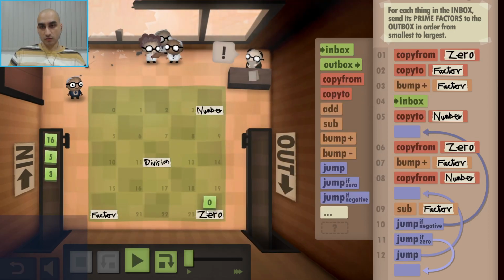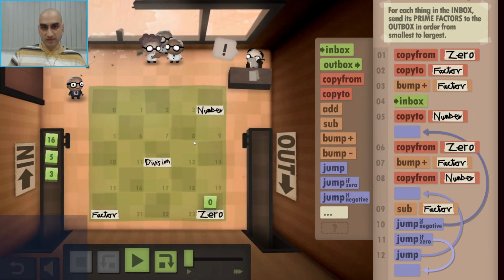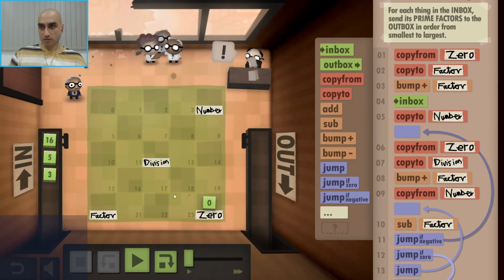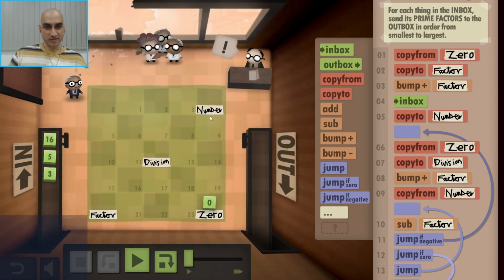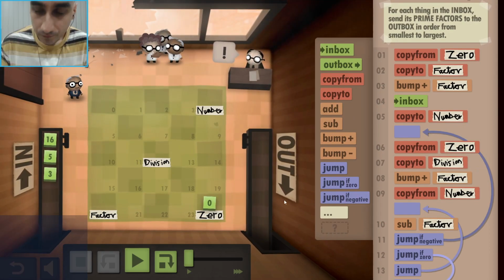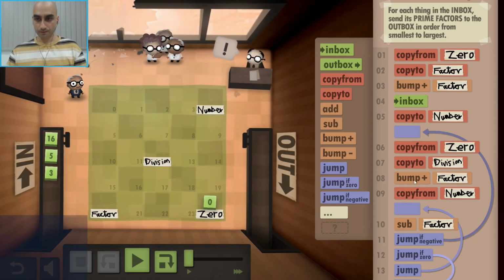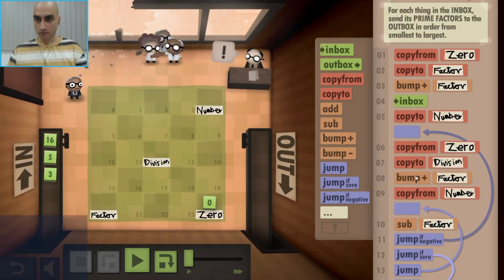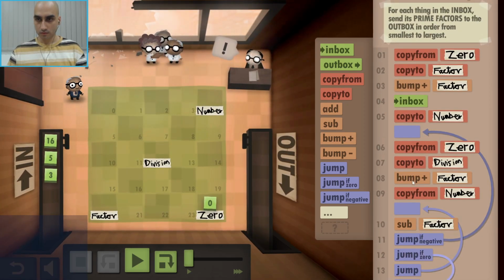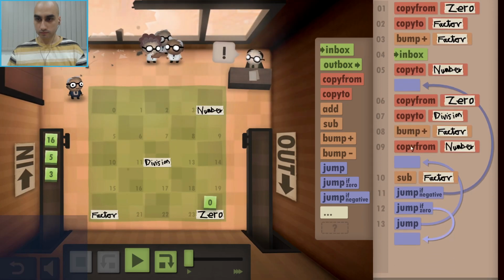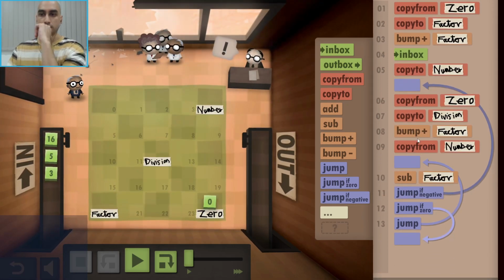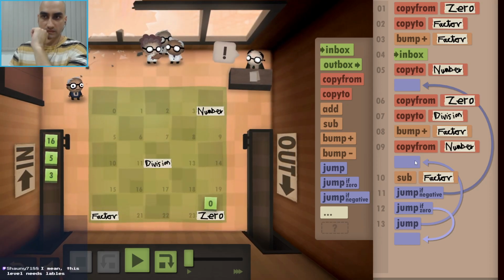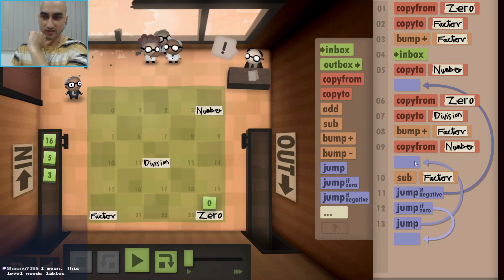So we take the 0, we reset the division. I'm on like the second last level, and this is the first time I've been using labels properly. Right. And then we do all the factor stuff. That's fine. This level needs labels. Yeah, it helps a lot.